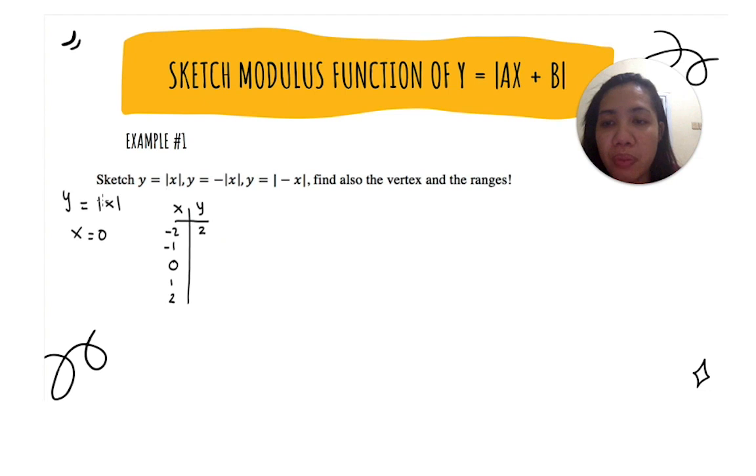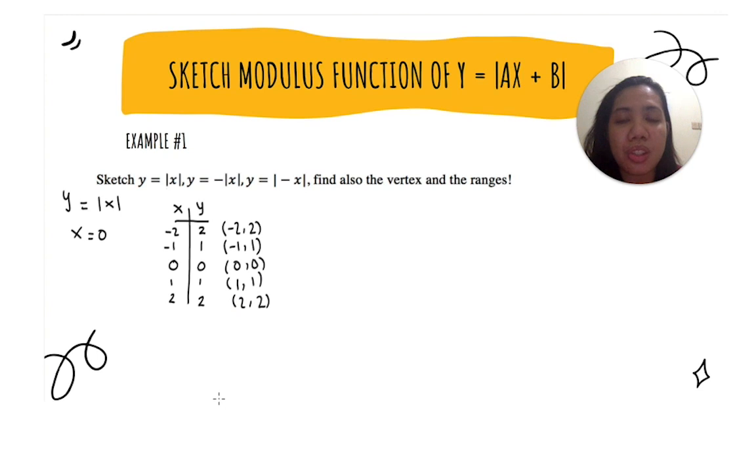The absolute value of -1 is 1. The absolute value of 0 is 0. The absolute value of 1 is 1, and the last one, the absolute value of 2 is 2. So in here we will have -2, 2, -1, 1, 0, 0, 1, 1, 2, 2.